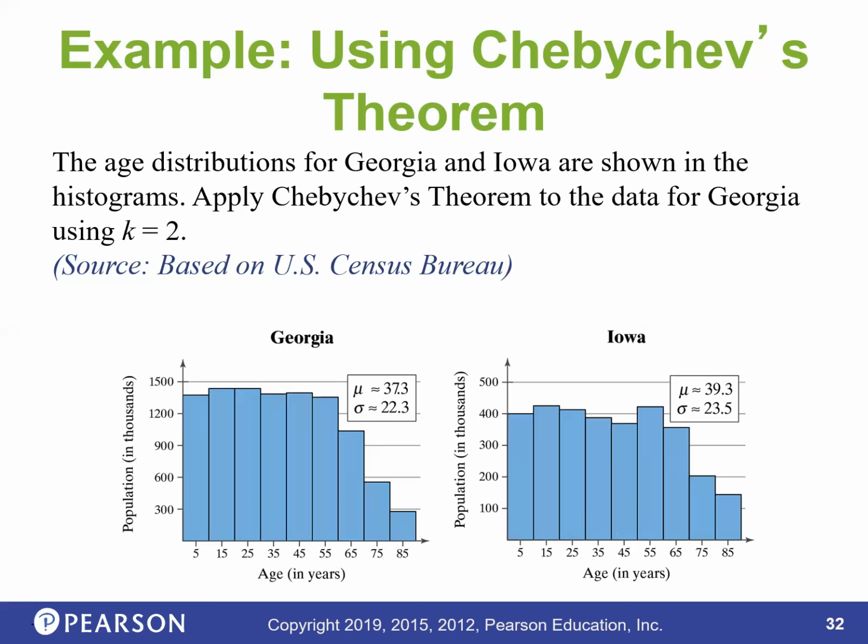So the middle in Georgia, the average age of a person in Georgia is 37.3, and that's so cool. Look at that, it's a mu. That means they took it from some kind of data, most likely census data or something like that. They somehow got the population. So 37.3. I got 22.2 as a standard deviation. Now the question is this: using the theorem, using k equal to 2, we want to capture 75% of the data. We good?